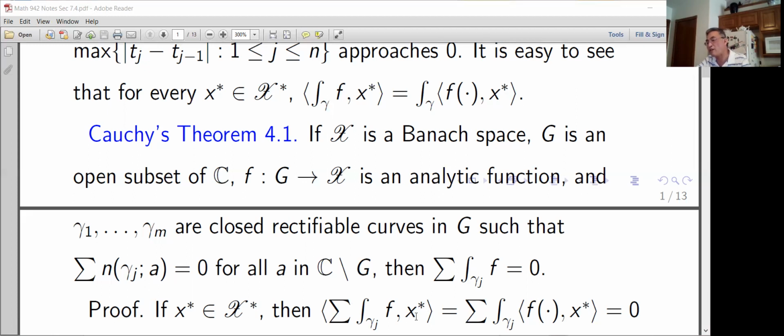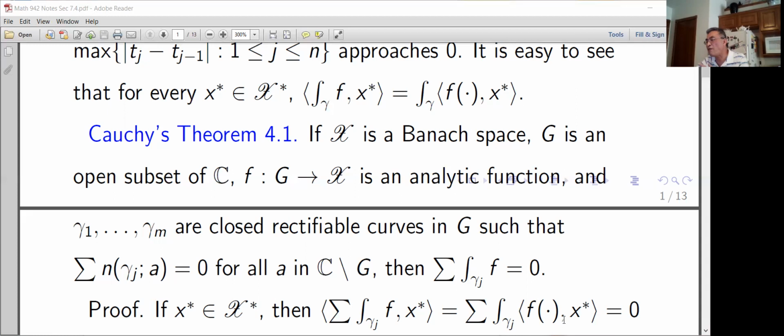That means the value of the functional on this vector, and this is the same as taking the inner product first, then integrating.